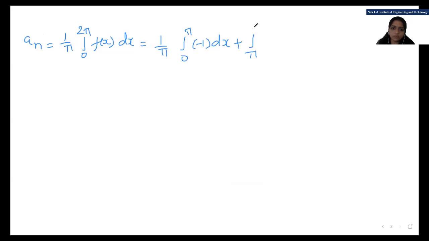Let's move on to another value, that is an, right? The formula of an is 1 by pi, 0 to 2 pi f of x dx. And as we know that our given function is discontinuous, so for 0 to pi our function is -1, and for pi to 2 pi our function is 2. Oh, sorry, I forgot to write the cos nx.